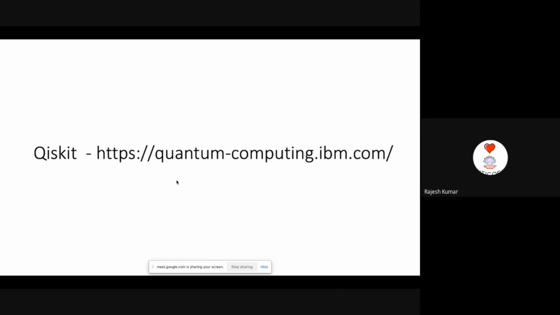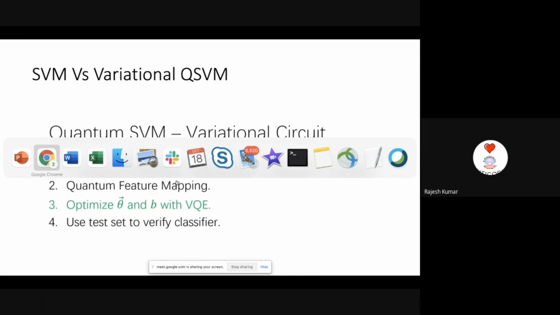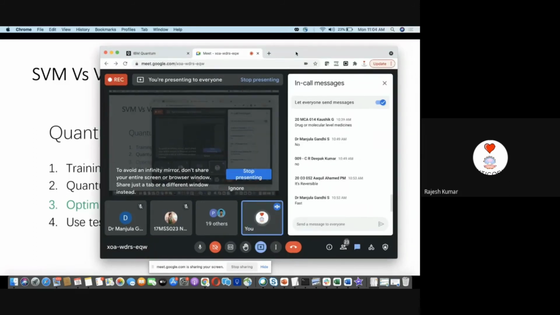I will not get into the other parts, but let me understand whether you got the basics of how we are approaching machine learning using quantum. Next I will show a quick demo, and you can try it out. We can spend 10-15 minutes.